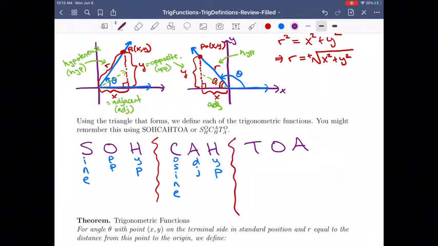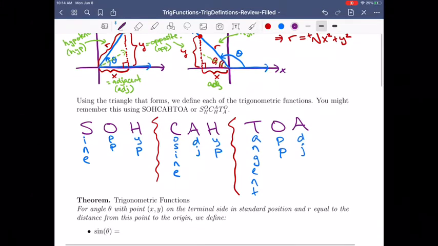And then the tangent value is the opposite over the adjacent. So that's how we define these trig values, so that's a way to remember it if you'd like.